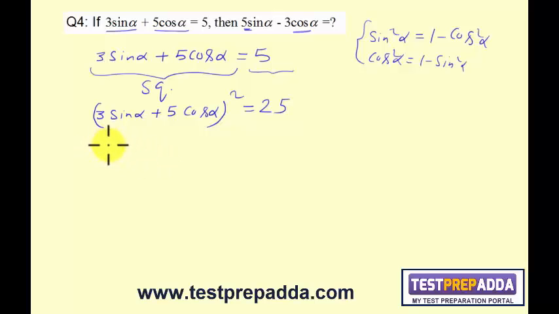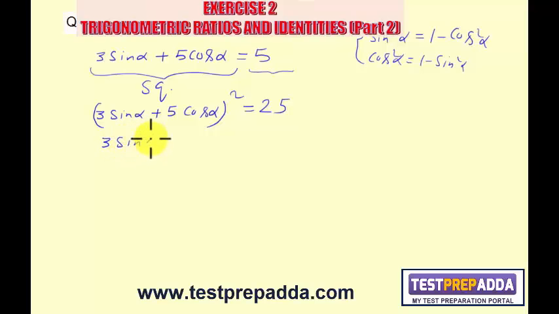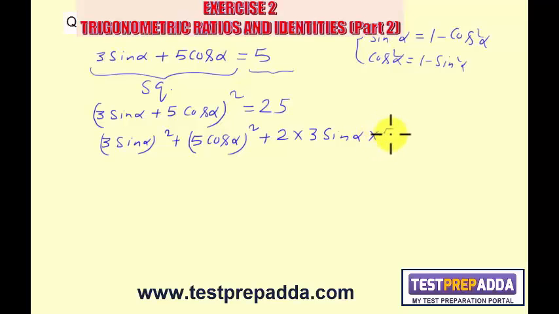Now you use a plus b whole square, it will become 3 sin alpha square plus 5 cos alpha square plus 2 into 3 sin alpha into 5 cos alpha is equal to 25.